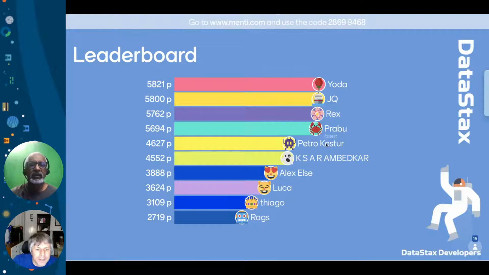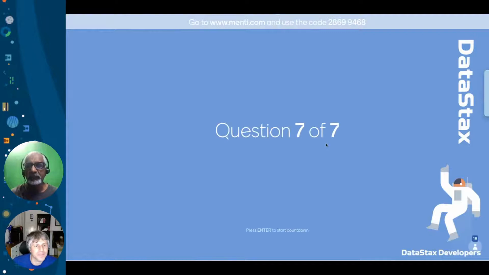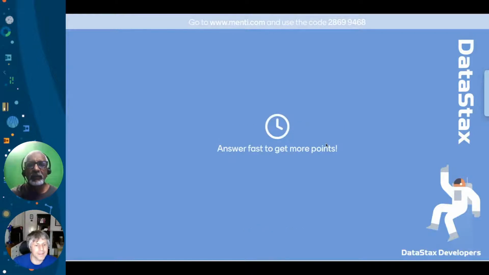What do you think? I think Rags should be thrown out of the board. All right, next. Rex is still third. Yes, you are. Yeah, it's anybody's game still. Oh, yeah. Last question. For all the marbles. Here we go. Concentrate.